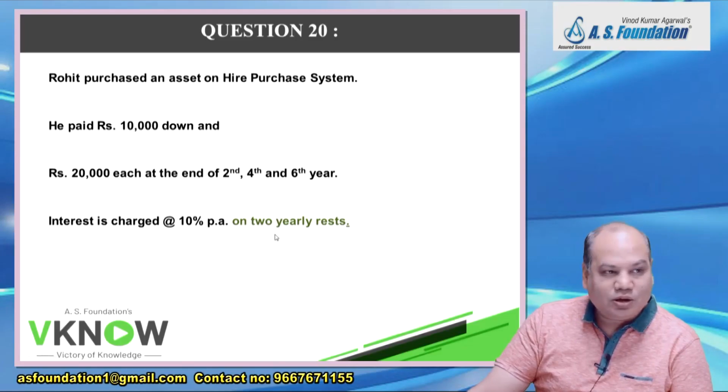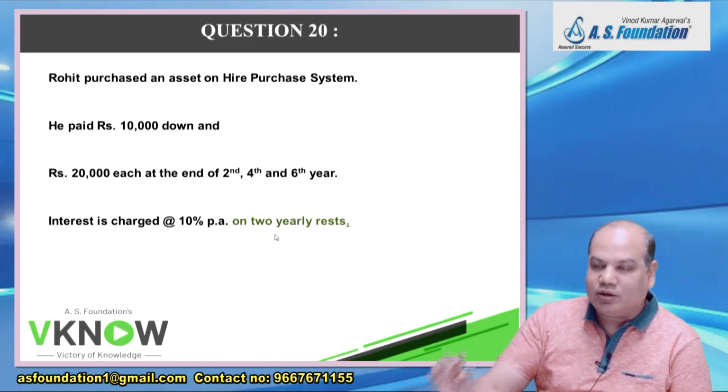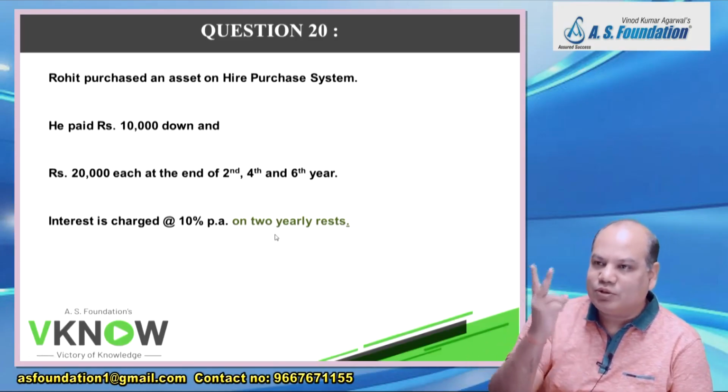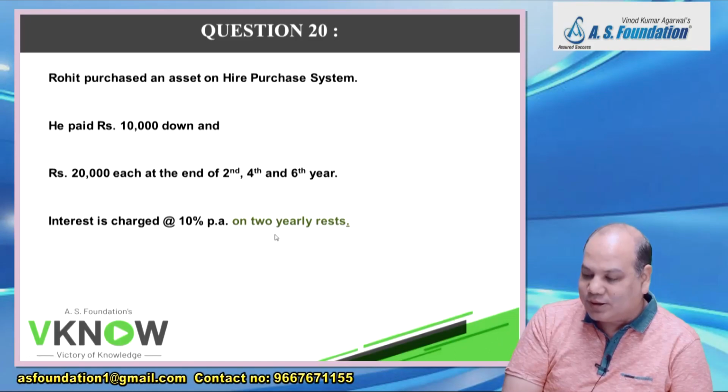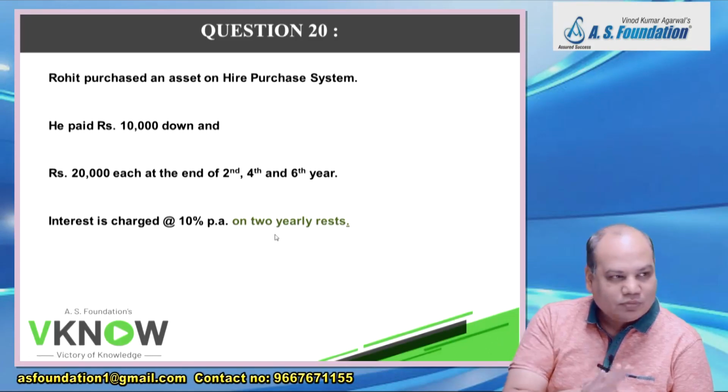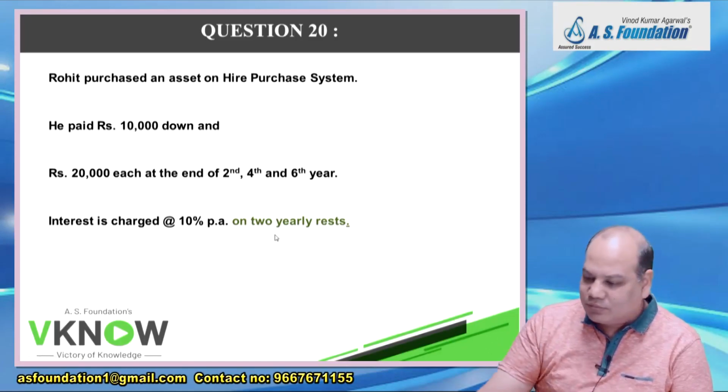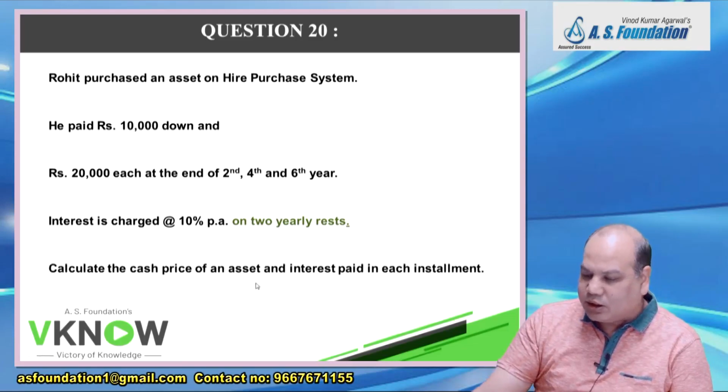If it is 2 yearly rest, what will be the interest rate applicable for 2 years? 20%. So instead of 10%, we will take 20%. Calculate the cash price of the asset and the interest paid in each installment.